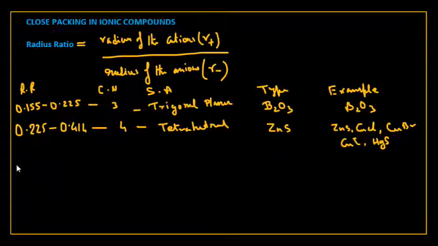The third rule: if the radius ratio is in between 0.414 to 0.732, then the coordination number is 6.